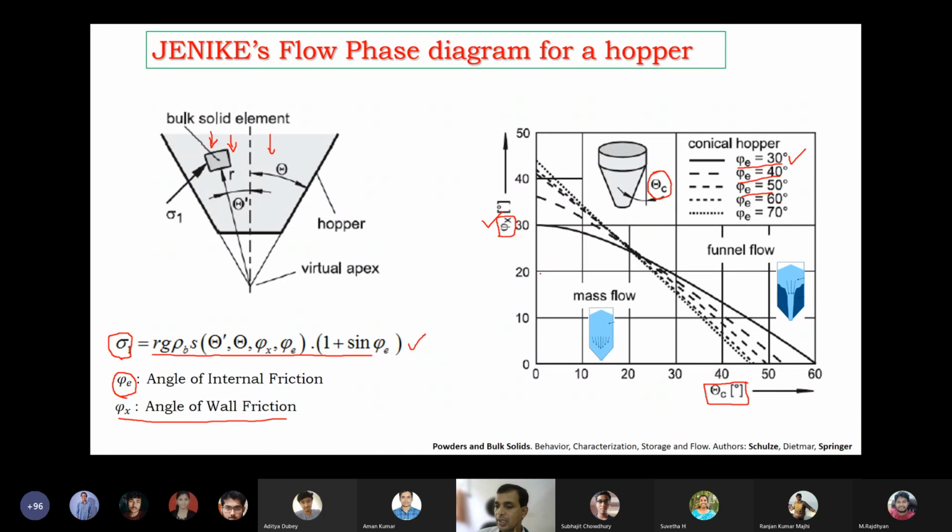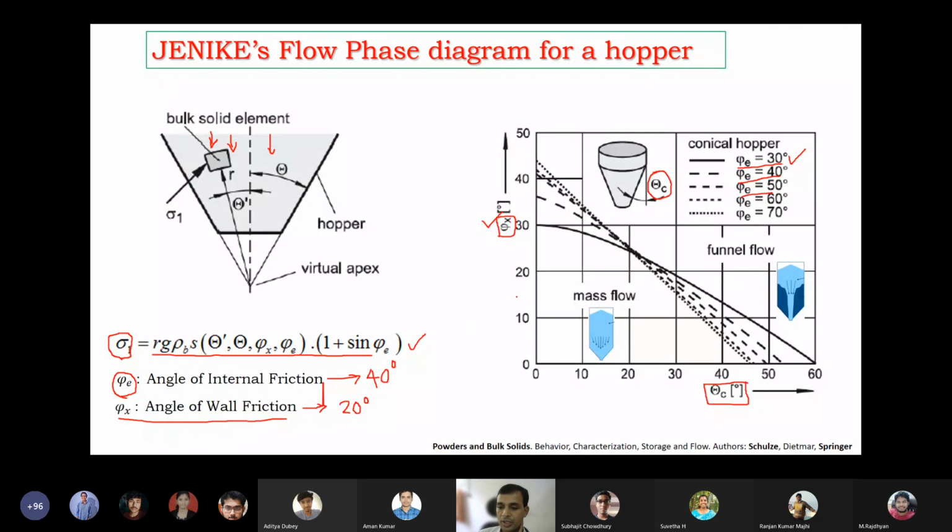So for example, let's say from the Jenike shear tester we found out that the angle of wall friction is 20 degrees, and the angle of internal friction is found out to be 40 degrees. We want to find out the maximum conical Hopper angle. We can find it from this simple empirical graph.